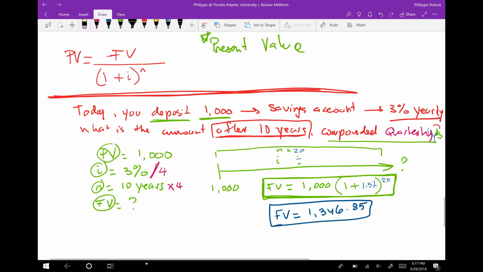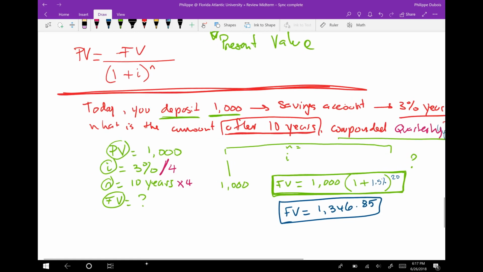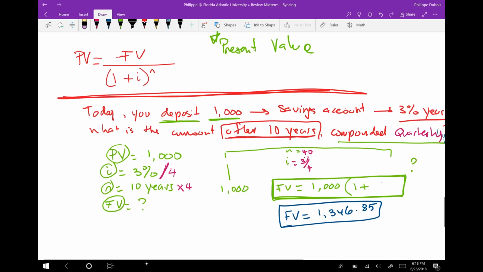So your number of period will be 10 times 4, which is 40, and your interest will be 3% divided by 4. You have to rewrite this. It'll be 1 plus 3% divided by 4 to the 40th power. You can quickly calculate this. 3 divided by 4 is 0.75.